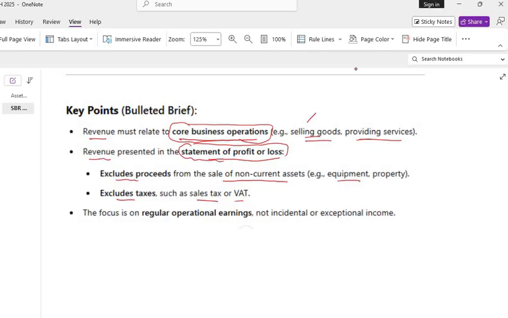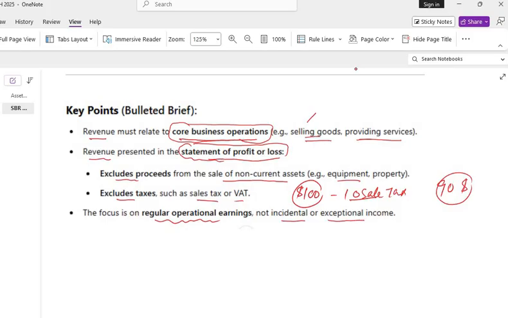For example, if a product sells for $100, and this includes $10 of sales tax, your revenue will not be 100, but it will be $90, because this amount should be excluded from your revenue. So the focus is on regular operational earning, not incidental or exceptional income.